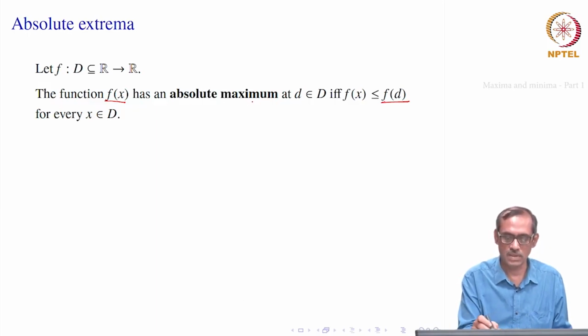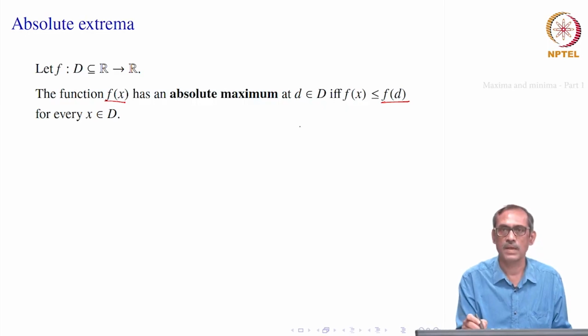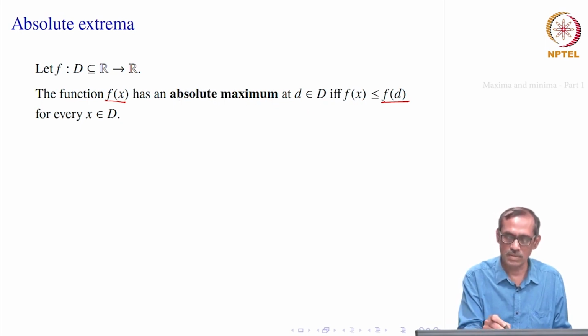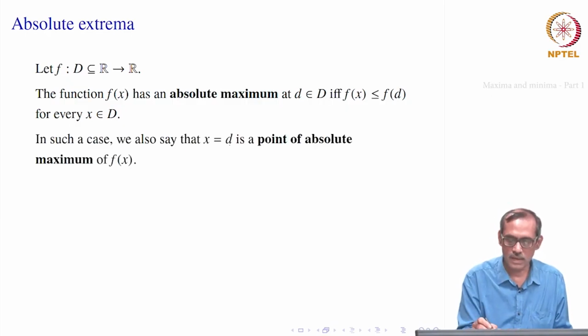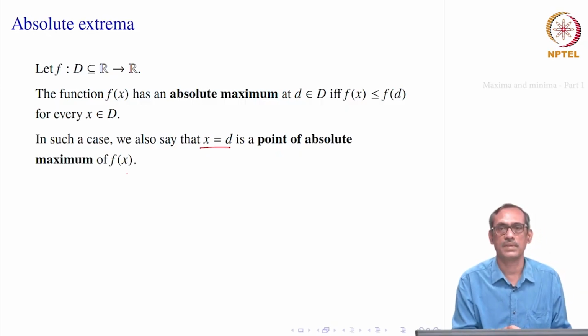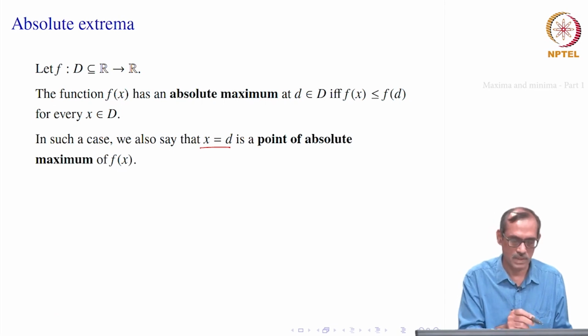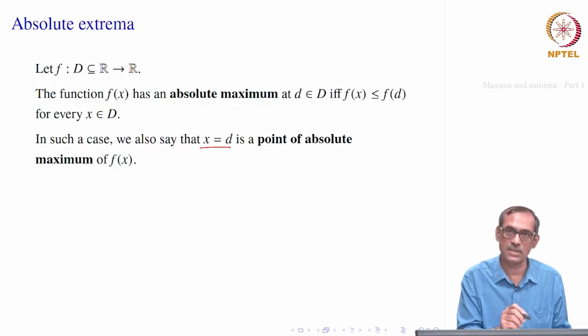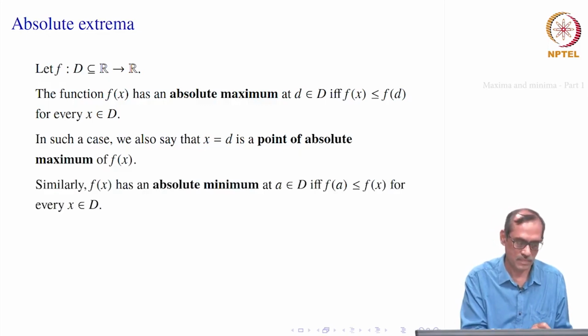So f of d is called the absolute maximum of the function, and it is at d in D. Then x equal to d is also called a point of absolute maximum of f of x. So absolute maximum is the maximum value, and where it is attained is called a point of absolute maximum.